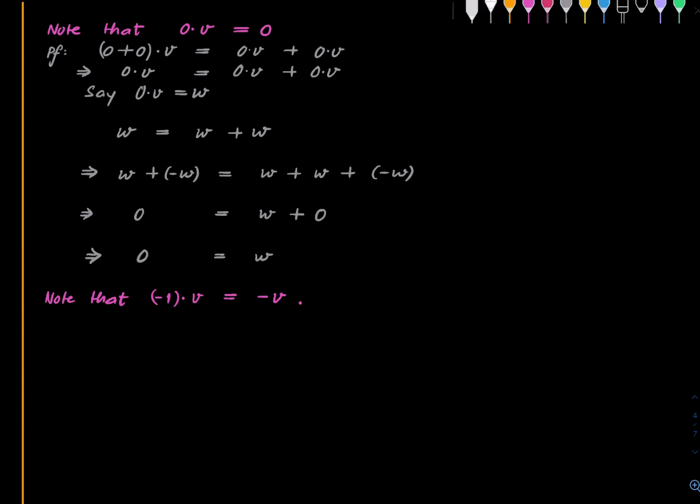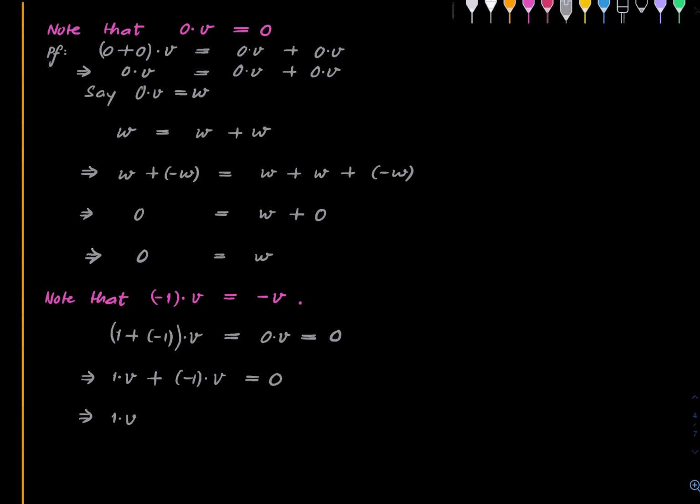So this is very simple. This is because we have (1 plus -1) dot v. What is this? This is 0 dot v, which is 0 as we just proved. And therefore, now you use distributivity or the 8th axiom. You get 0, and that's it. This means that 1 dot v plus -1 dot v is 0.